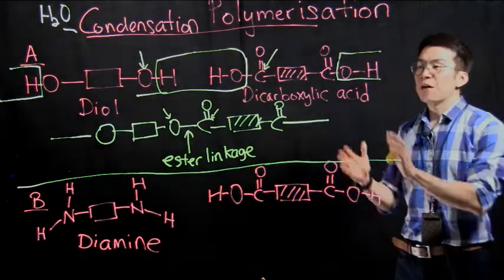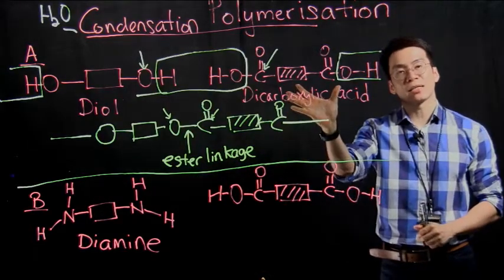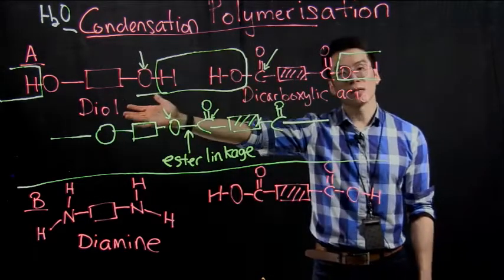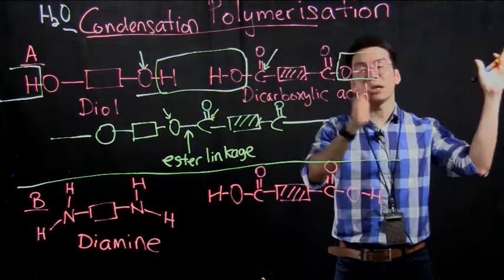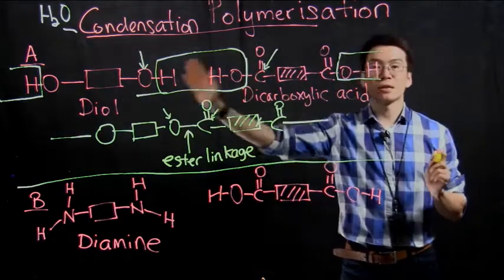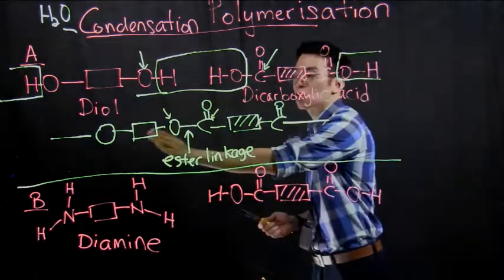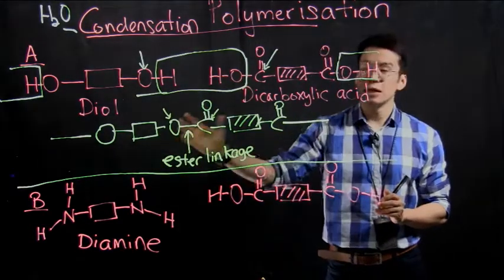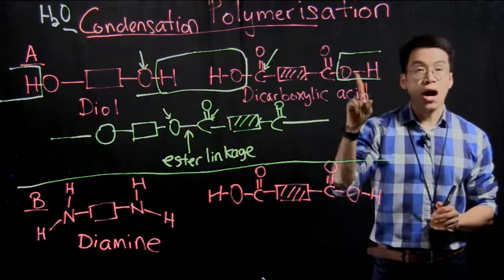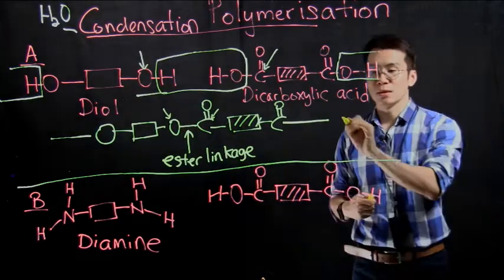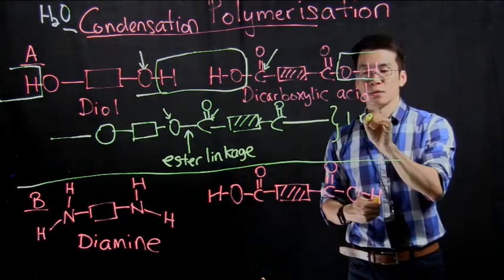So if I have many dicarboxylic acids and many diols, it will go on and on and on because of the two ends. They can continue to react. Now, what you have seen here is just one repeating unit.